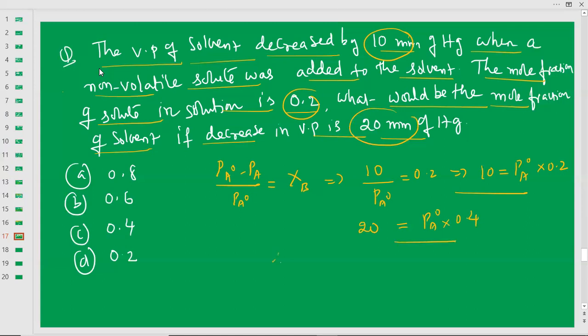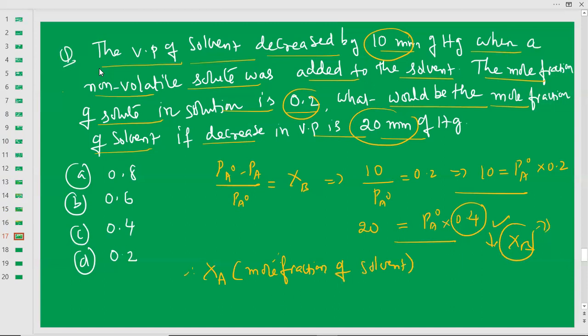Therefore, what is the mole fraction of solvent? So this 0.4 I am considering is the mole fraction of solute for the final problem. Therefore, XA according to the problem, the mole fraction of solvent, is equal to 1 minus XB. XB we obtained is 0.4. That is equal to 1 minus 0.4, which is 0.6.